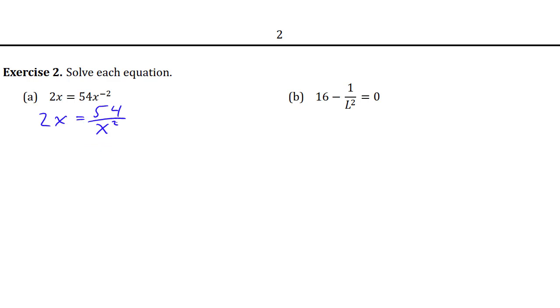And if you have an equation like this, how would you go about solving this? Well, what I would do is try to get all of the x's on one side. And also try to get x's out of the denominator. Having x squared in the bottom of this fraction is ugly, right? So the way to cancel out that fraction is to multiply both sides by x squared.